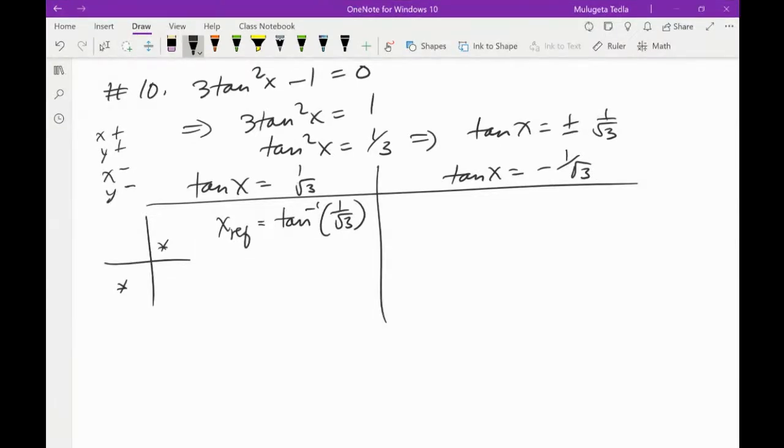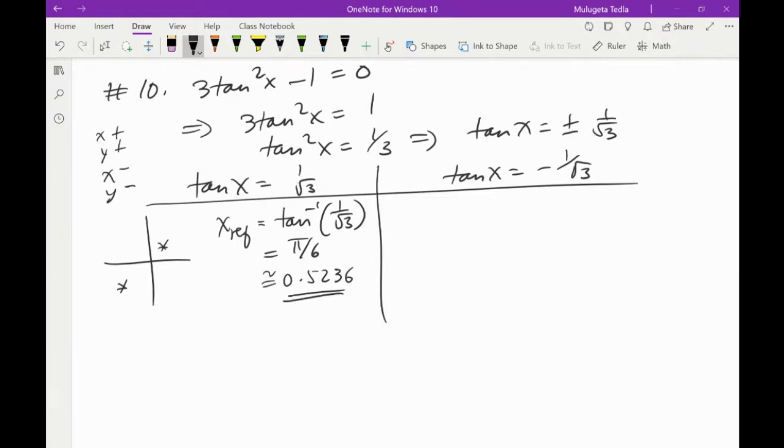So x reference is pi by 6. If you don't know how to get pi by 6 from the calculator, you can use 0.52 in 3 or 4 decimal places to make it more accurate. This is radians.